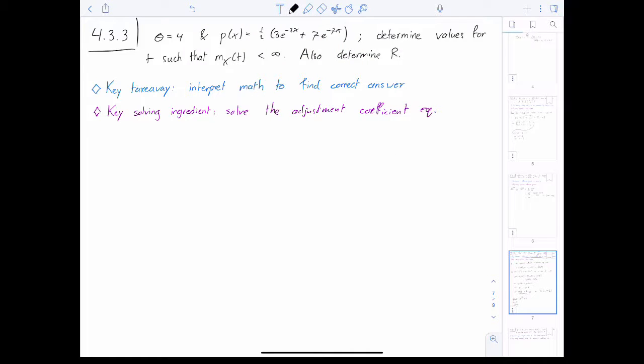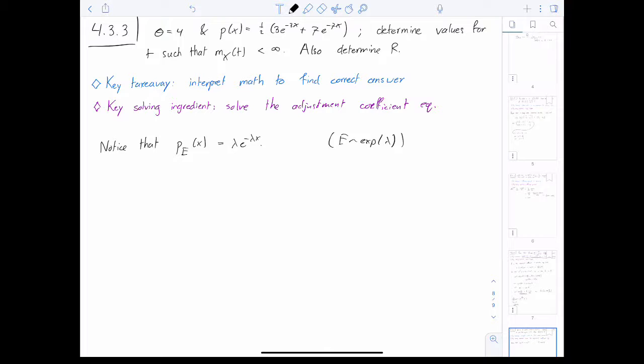First, we will find for which t this moment generating function is finite. Now notice that the probability density of an exponential random variable, let's say E is exponential with some lambda, is given by lambda e to the power minus lambda x.